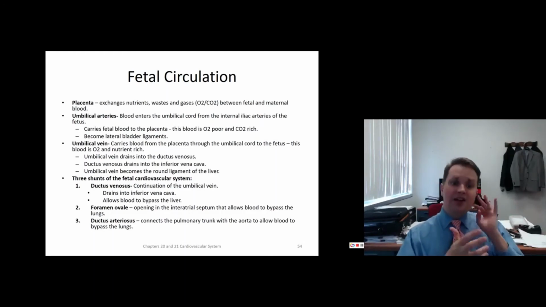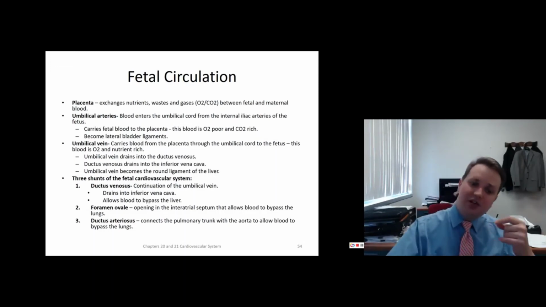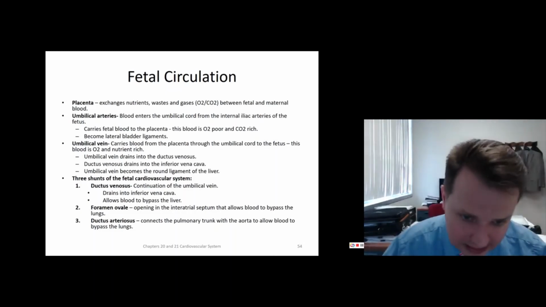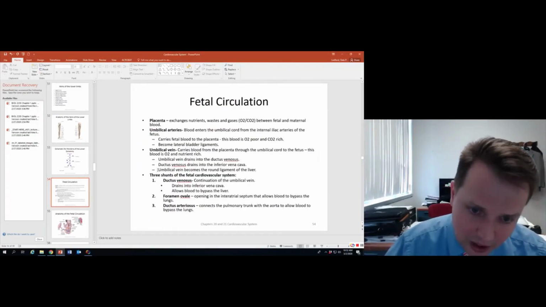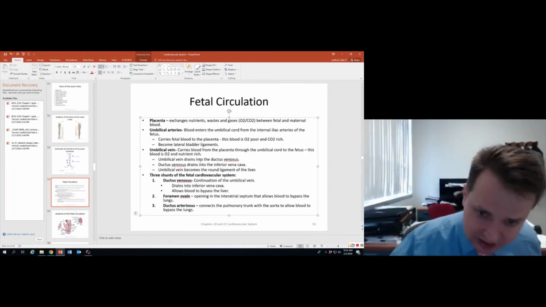Okay. Now, what happens is this goes into what is called a ductus venosus. That goes into the inferior vena cava. After you're born, the ductus venosus is what becomes the round ligament of the liver. Now, it's not really the full umbilical vein that does it.